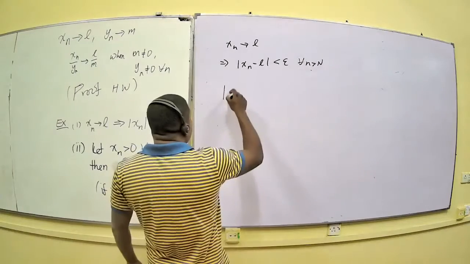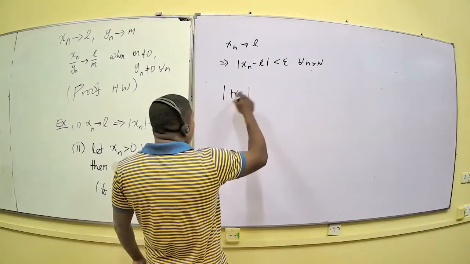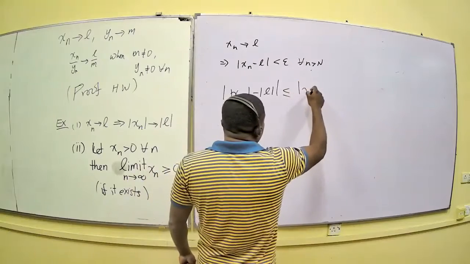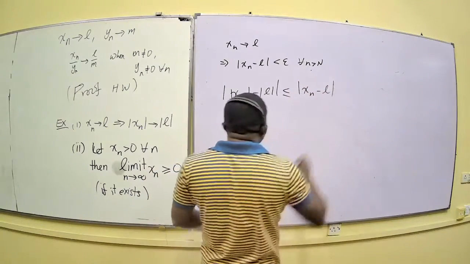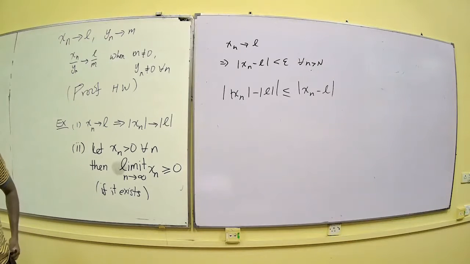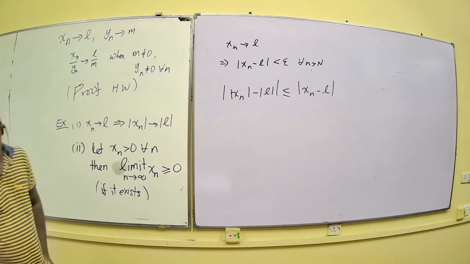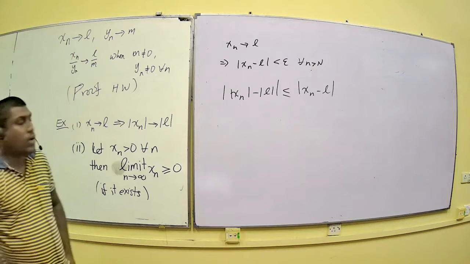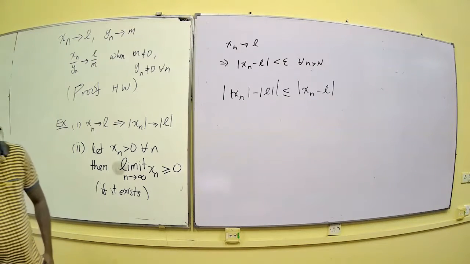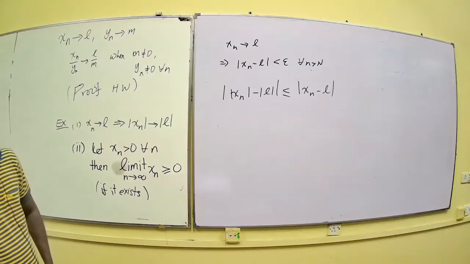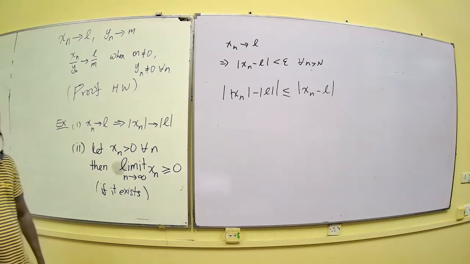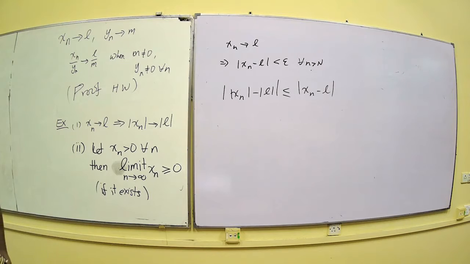But at the same time, you know the triangle inequality. You know this: the absolute value of the absolute value of x_n minus the absolute value of L is less than or equal to the absolute value of x_n minus L. That is from the triangle inequality.